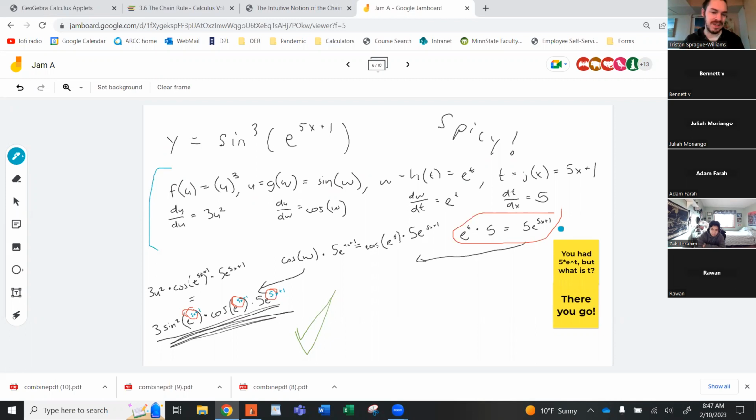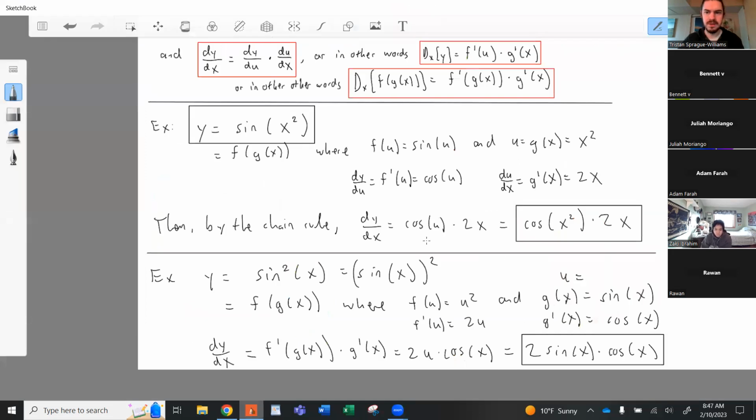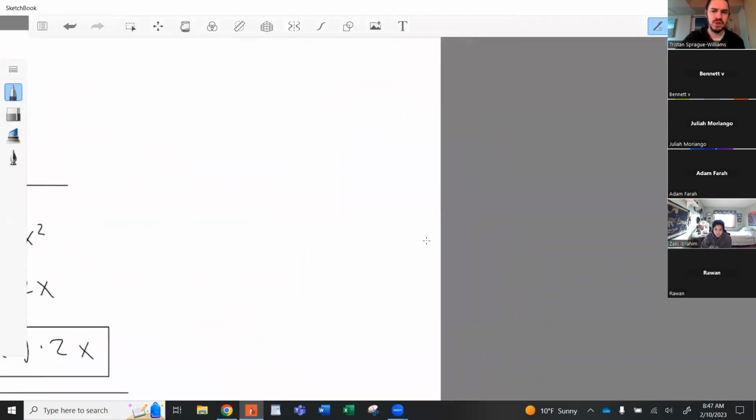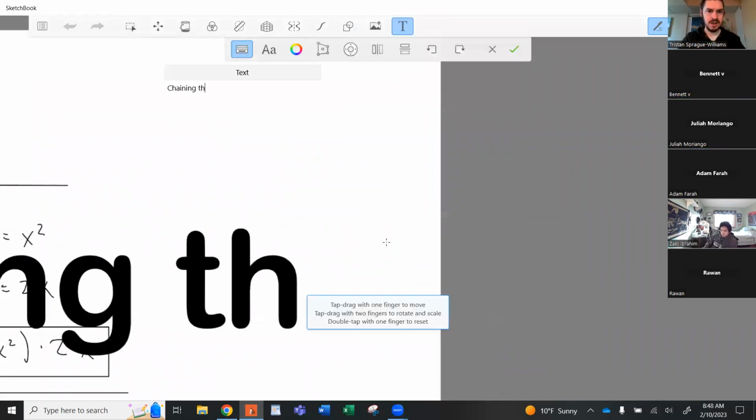You have the derivative of the outermost function with the inner function stuck inside, times the derivative of the next layer in with the original still in there, times the derivative of the next layer in, and finally times the derivative of the innermost layer. Maybe I can come over here to the main whiteboard and show you what that looks like. Chaining the chain rule.